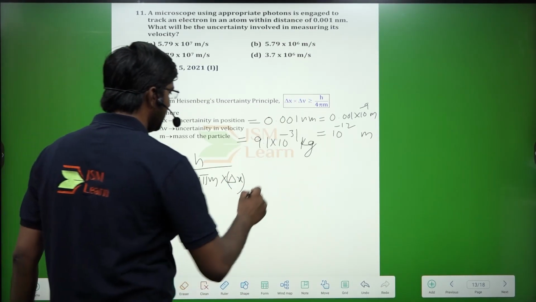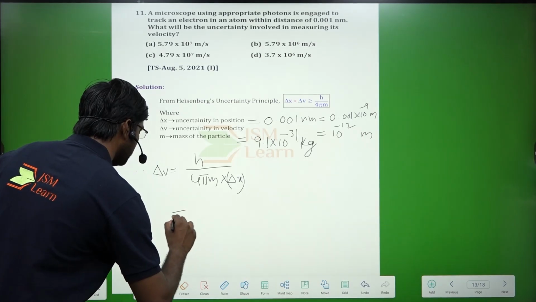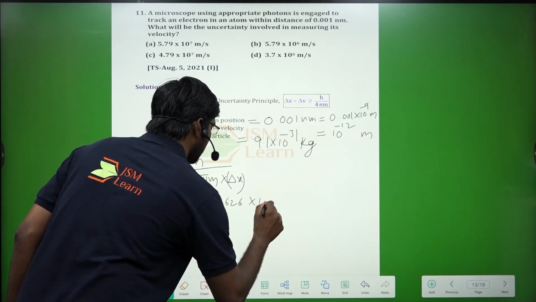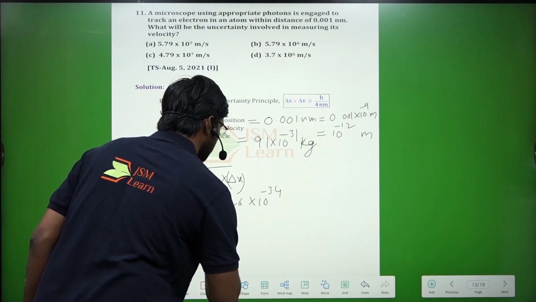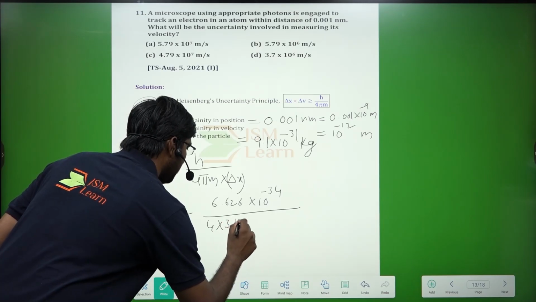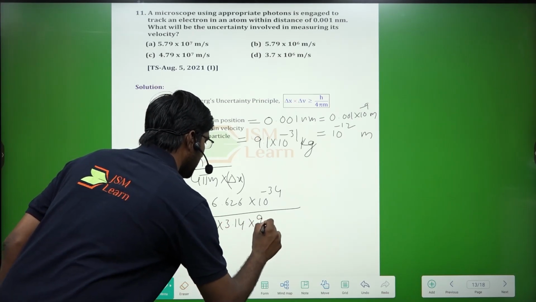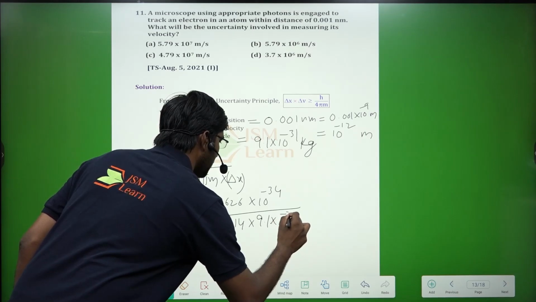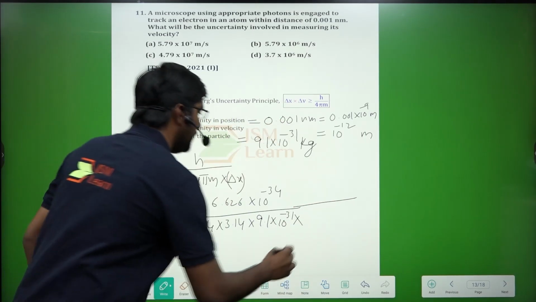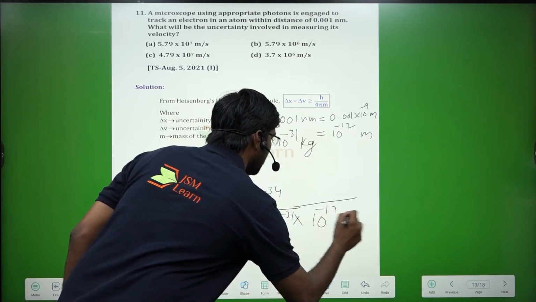Now let us substitute all these values here. h is 6.626 into 10 power minus 34, pi is 3.14, mass is 9.1 into 10 power minus 31 kg, and delta x we got here is 10 power minus 12 meters.